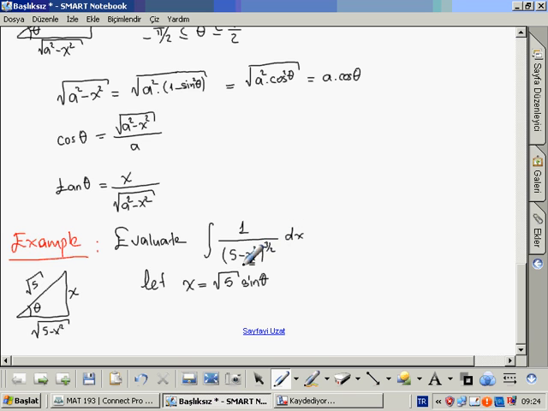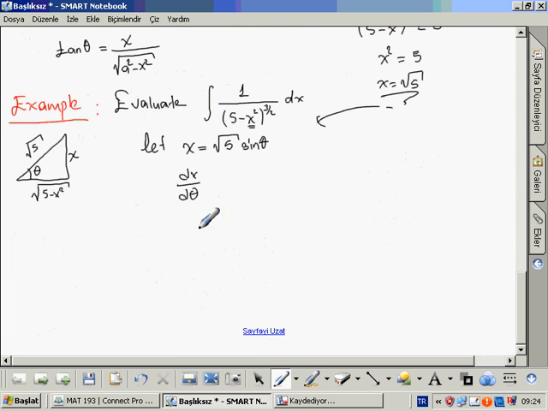You will assume that from here, because 5 minus x square equals 0, so x square equals 5 and x equals the square root of 5. So you must choose x equals the square root of 5 times sine theta. After that, dx over d theta will be equal to the square root of 5 times cosine theta, right?